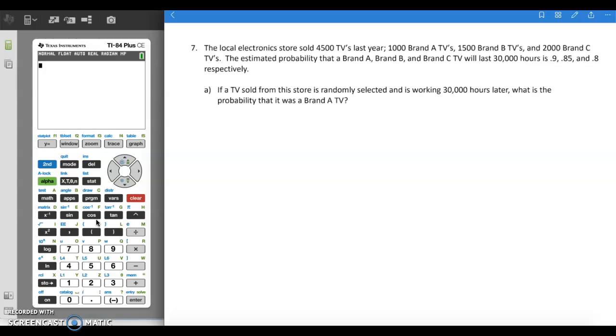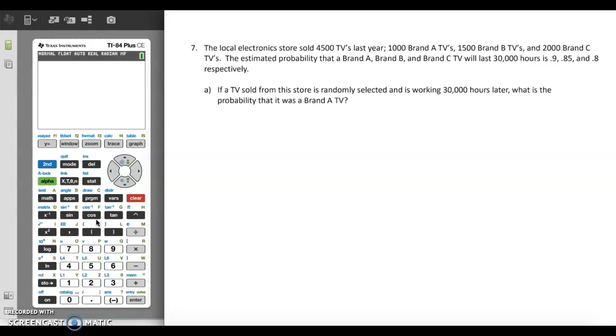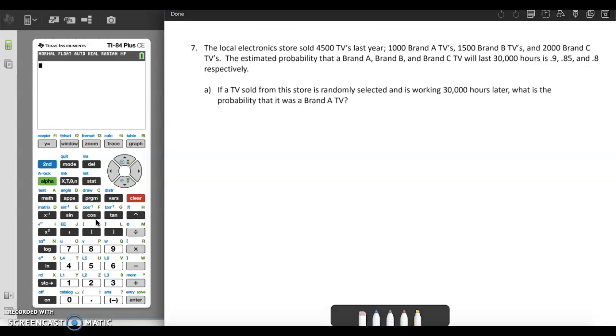Okay, so let's go ahead and set up our tree diagram. We've got 3 TVs to choose from to begin with: brand A, B, and C. Now to find these initial probabilities, if we randomly choose a TV out of these 4,500, the probability that it was a brand A TV is 1,000 out of 4,500.